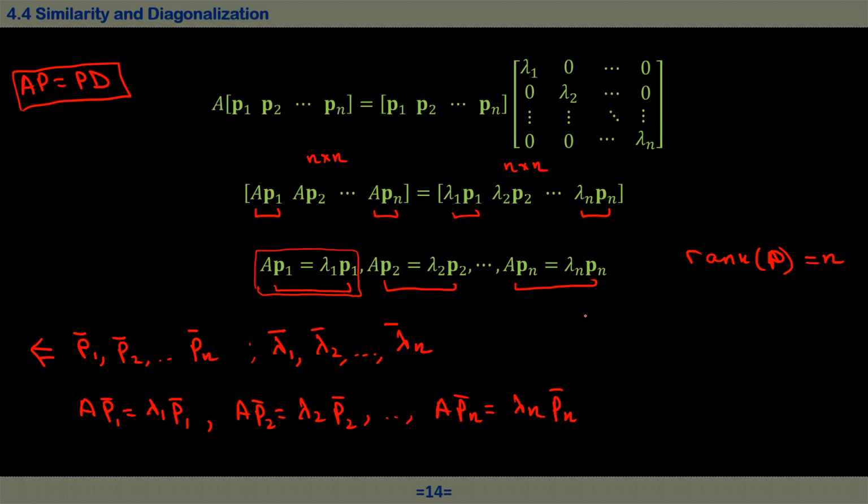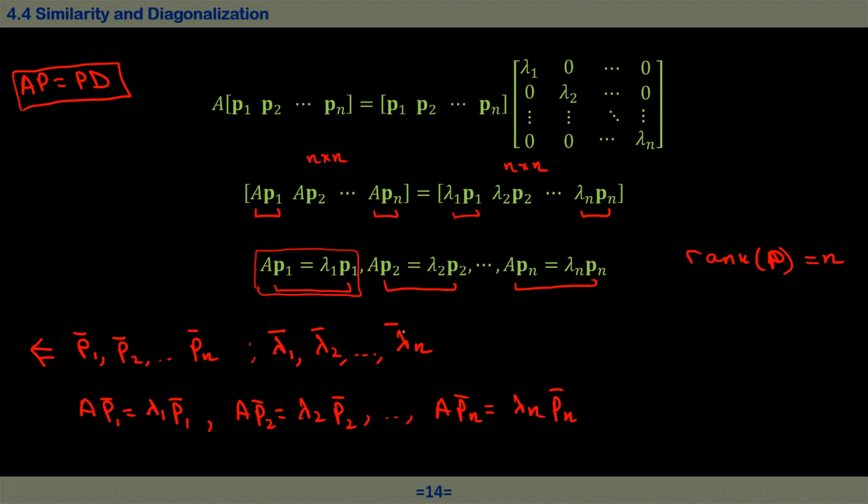Actually, this implies the above equation. That equation is, what is it? A times P equals P times D, which is equivalent to our original equation. And consequently, if we take P to be the n by n matrix with columns P1, P2, and Pn, our first equation becomes AP equals PD.